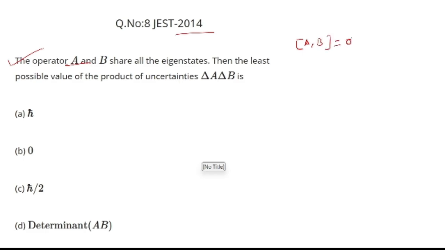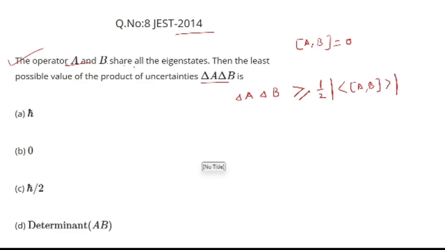That means they commute with each other. In general, the uncertainty product of these two operators is greater than or equal to half of the mod of the expectation of the commutator of A and B. Okay, this is the formula.